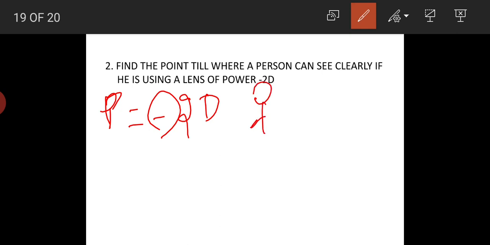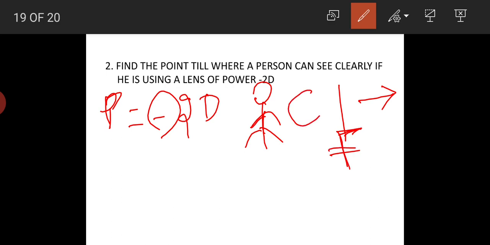Myopia means he can see the near objects clearly, whereas he cannot see the far objects clearly. So the point which separates the clear and unclear zone is the far point. Before the far point, the person can see the objects clearly, whereas after the far point, the person cannot see the objects clearly. This is the non-clear zone.